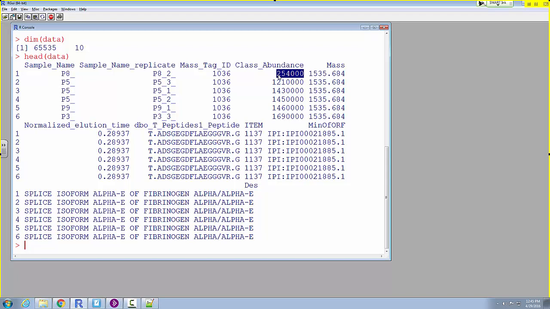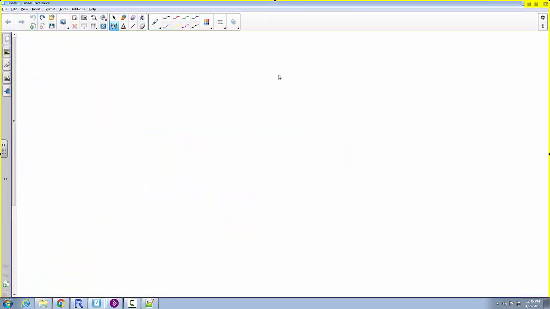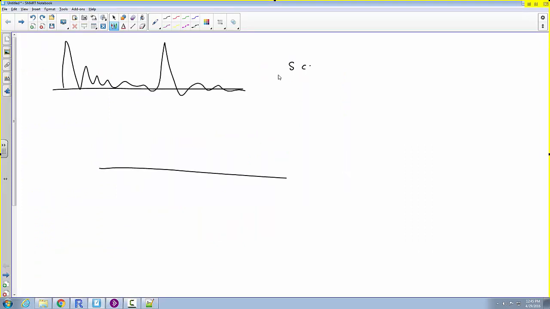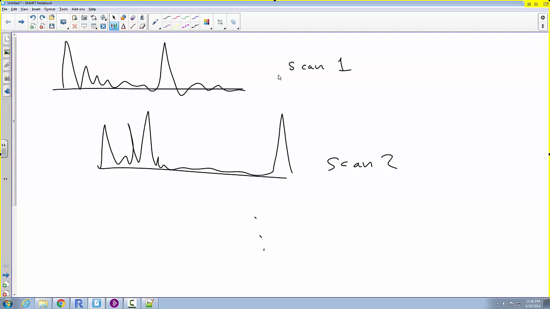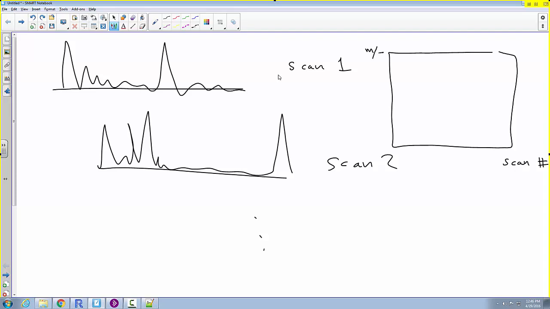If we looked at the actual peaks in the spectrum, somewhere in this particular person's mass spectra, there's that one for scan 1, there's this one for scan 2, and so on, a bunch of scans. So we have data that could be summarized like scan number and M over Z, and we have all those dots like we saw in the picture last time.